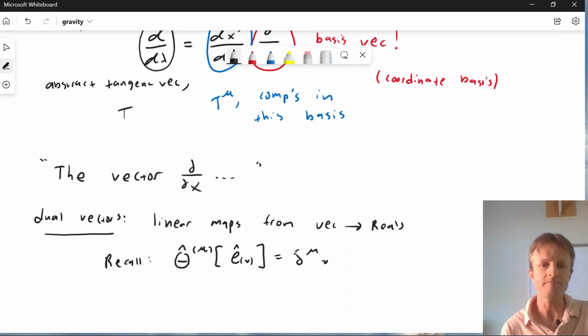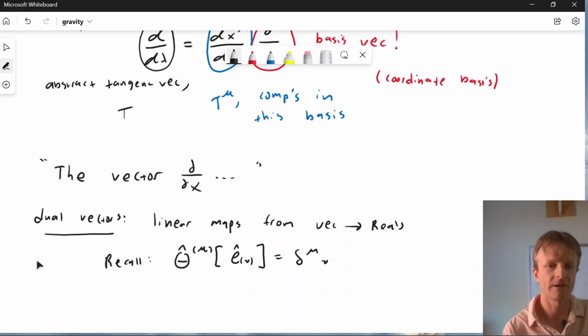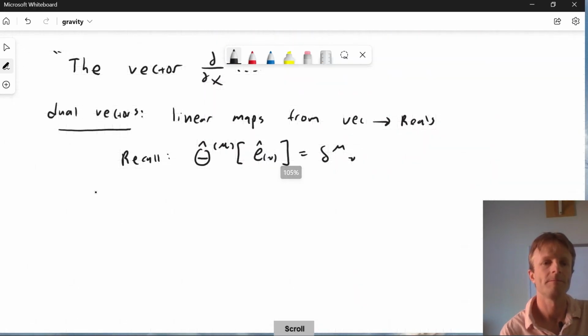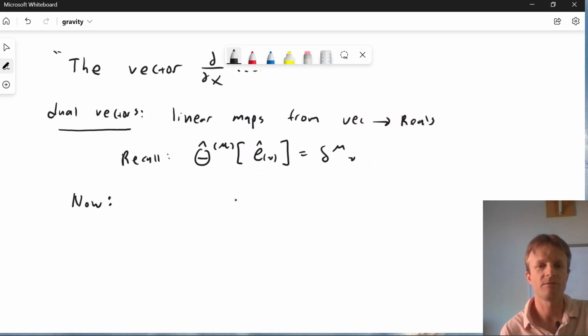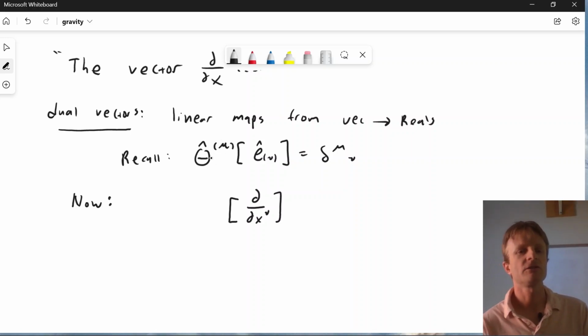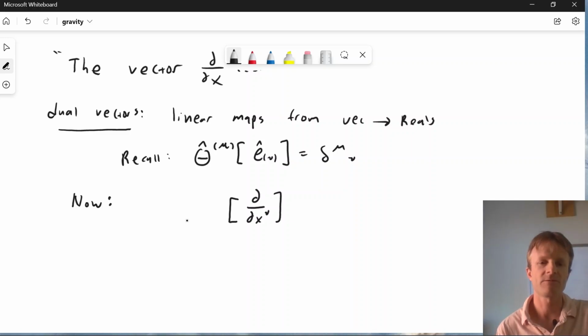And we're going to do the same thing here. But now we have a new notation for E hat nu. That's just d by dx nu. That's our abstract vector. And these things here, we actually already have a name for them. They're actually the gradients of the coordinates.